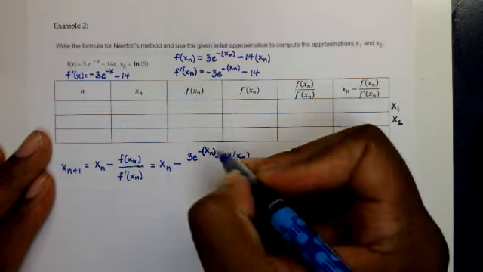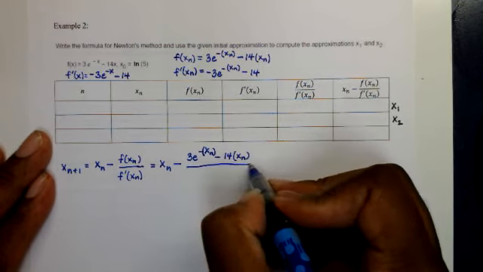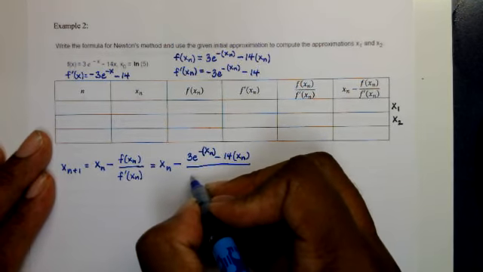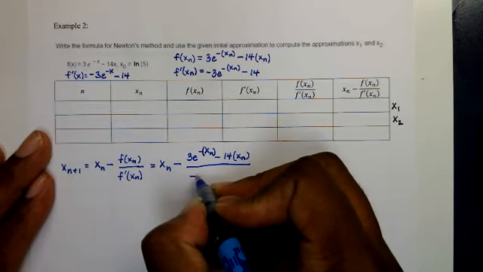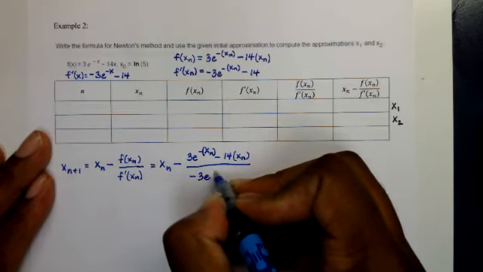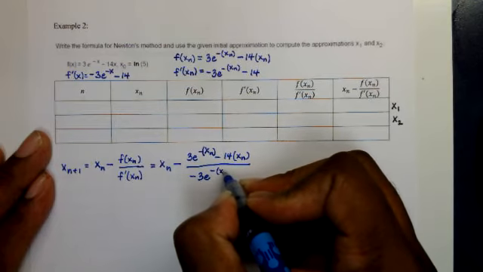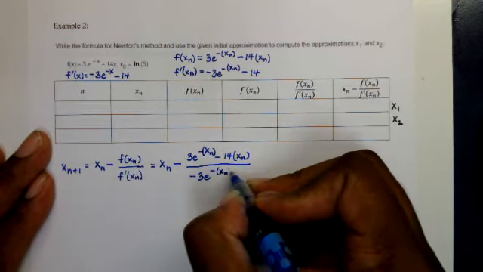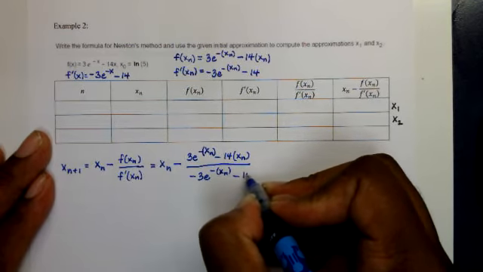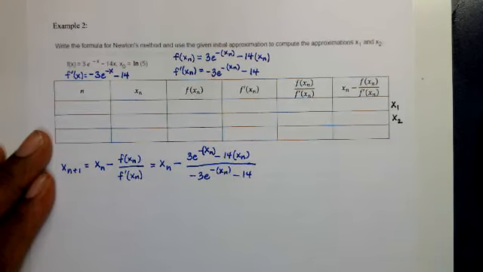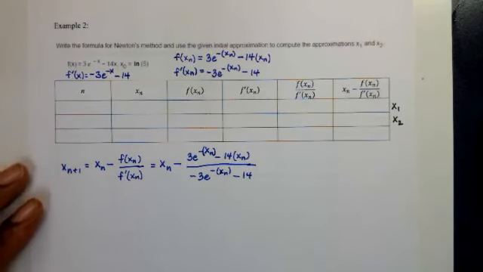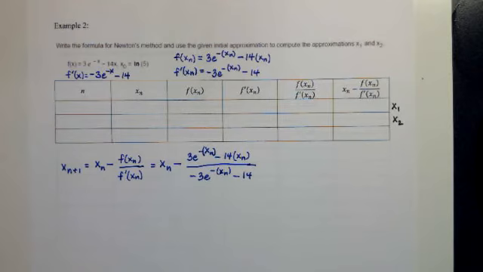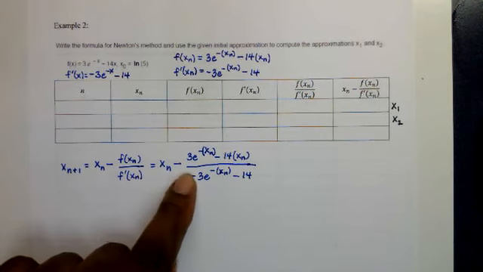I'm going to put x of n in parentheses. That's divided by my f prime of x of n, which was negative 3e to the negative x of n minus 14. Okay, and again, in the homework, that's what they're going to be looking for, the formula for Newton's method, which will be this right here.